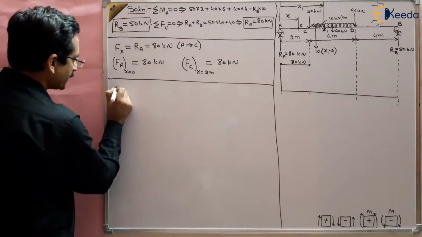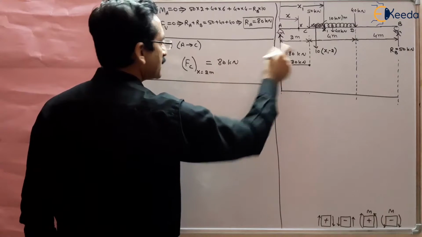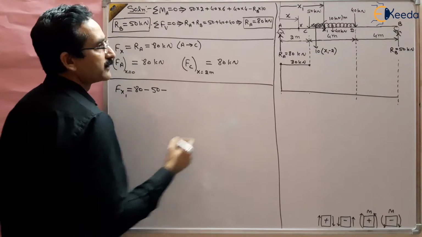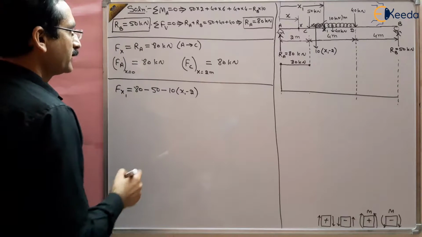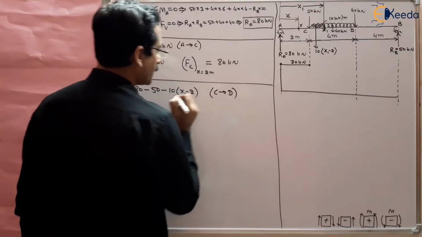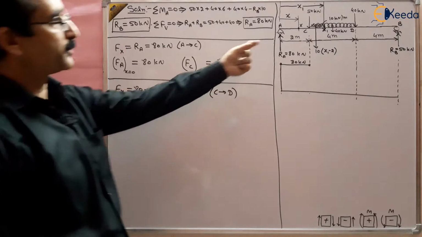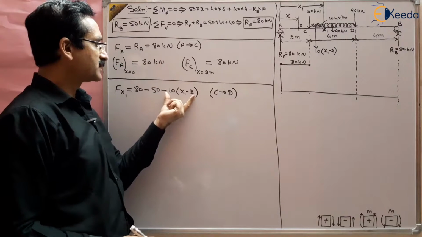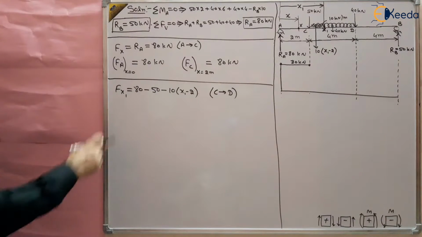So Fx1 will be equal to the forces to the left of this section, that is 80 minus 50 minus 10 multiplied by x1 minus 2, and this is valid between C to D. This is the Cx1 part of the UDL, where x1 minus 2 is the distance and 10 is the load density. And this is a linear equation.